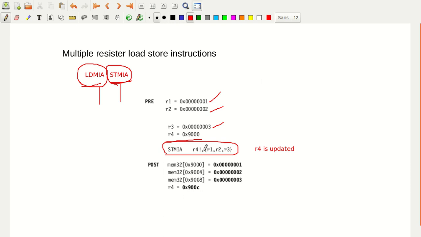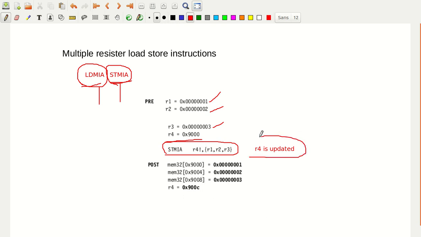But in the thumb instruction set, you have to put an exclamatory mark. You can't escape from putting an exclamatory mark.